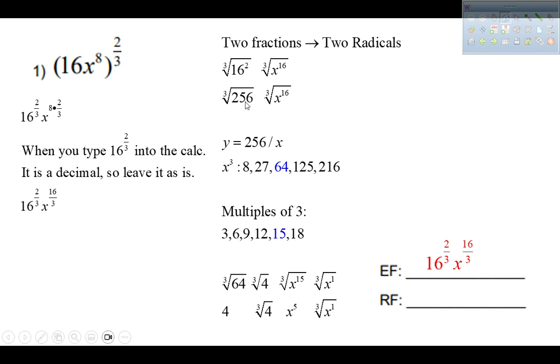For the 256, I picked the perfect third of 64, which got me 64 and 4. And for the x to the 16th, I picked the multiple of 3, that was 15. 15 and 1. So mix and matching my final answer, I get 4x to the 5th, 3rd root of 4x.